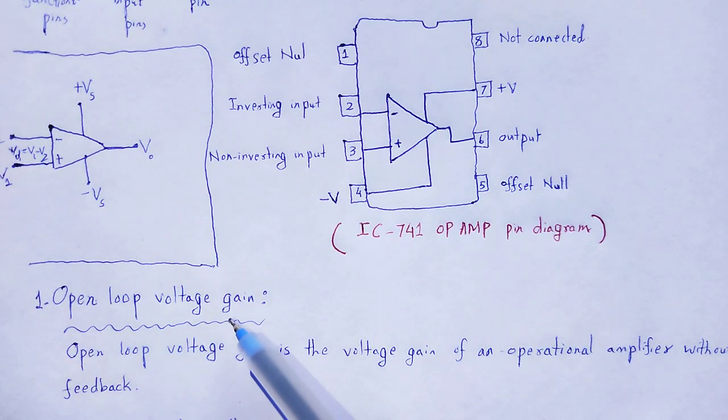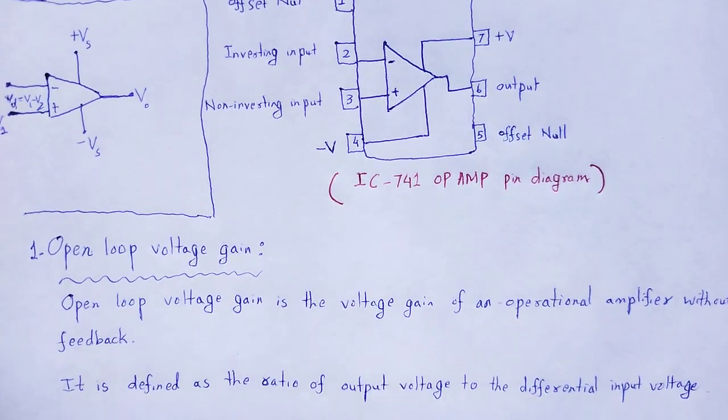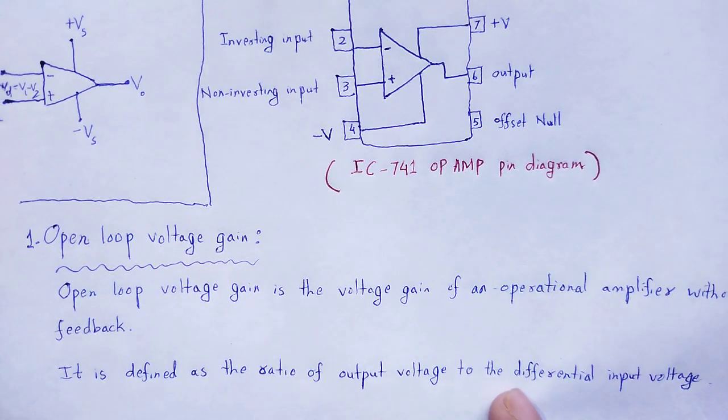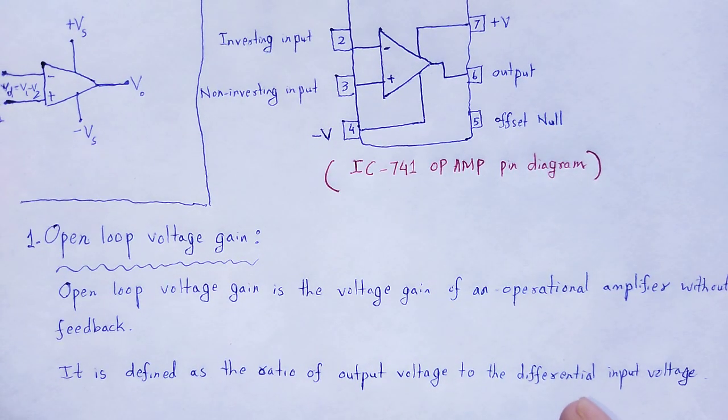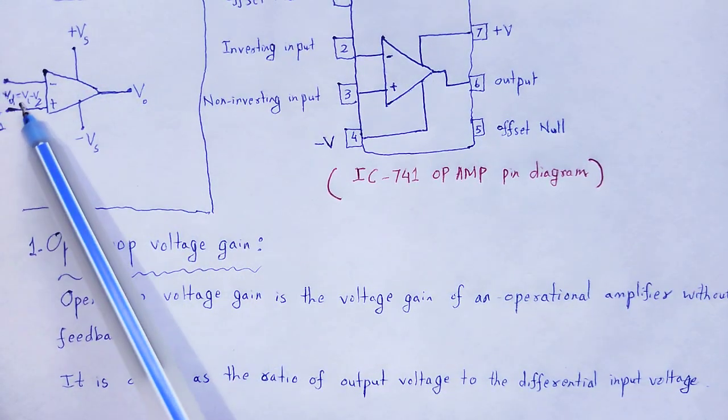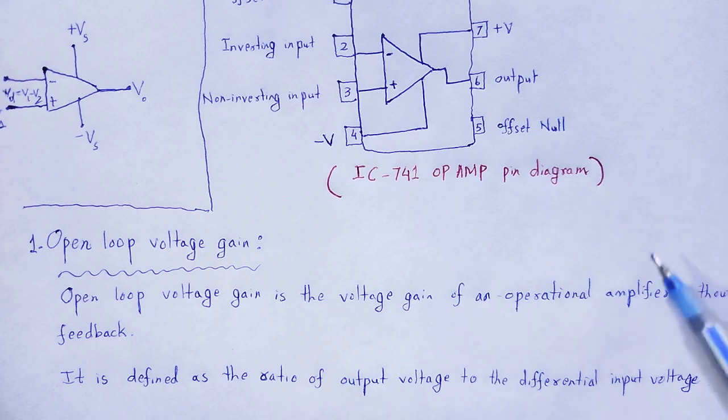So the open loop voltage gain we define as the ratio of output voltage to the differential input voltage.